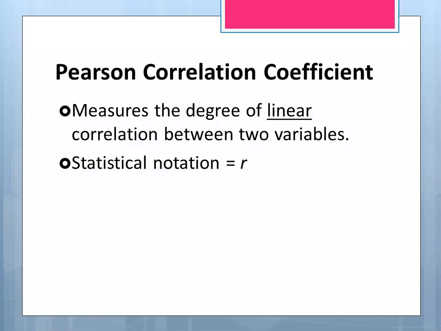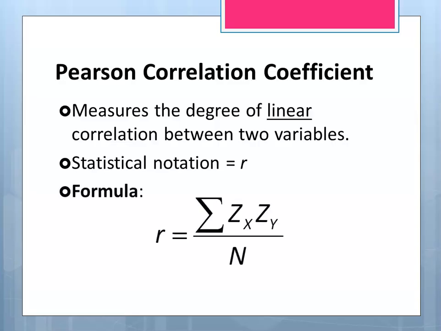Now for the formula. The formula looks a bit overwhelming, but I will break it down into its parts to make it easier to understand. Recall that we have two different variables that we have labeled x and y, and that those two variables we have to convert into z-scores, so that's zx and zy. Then we have to multiply zx times zy for the cross products.